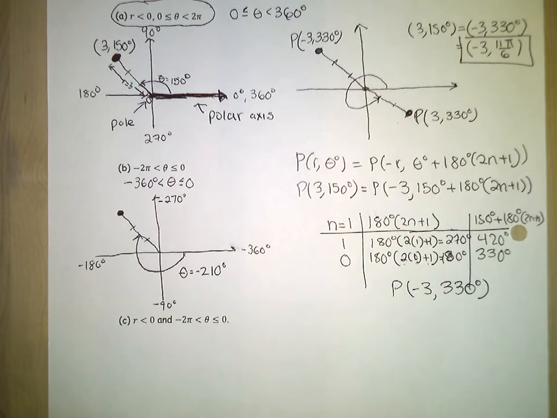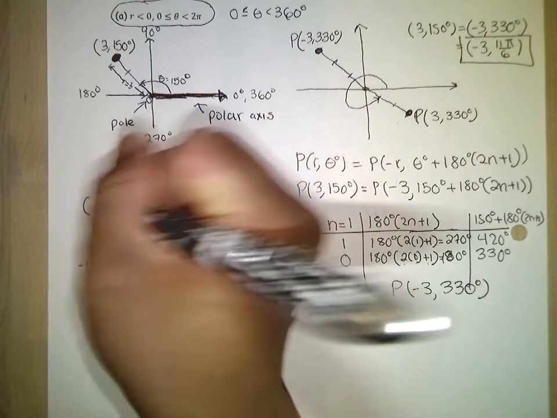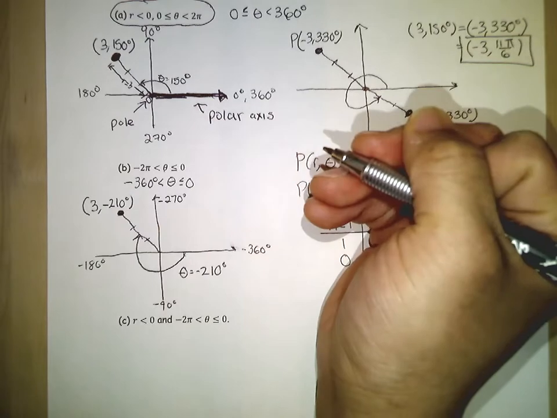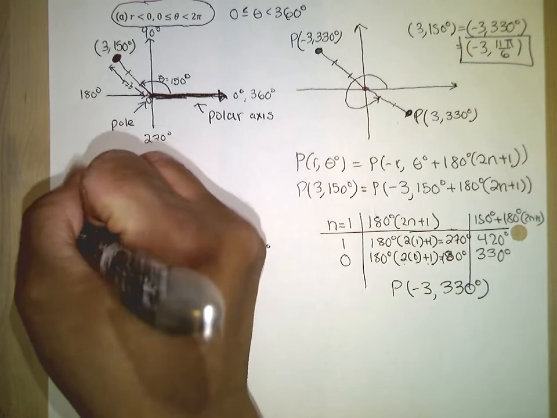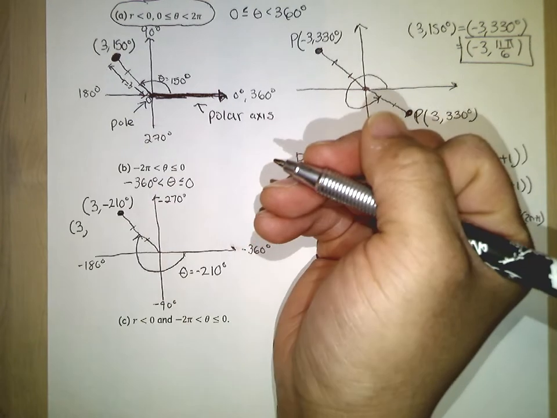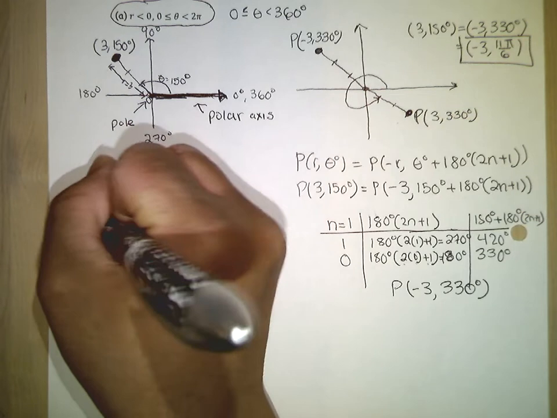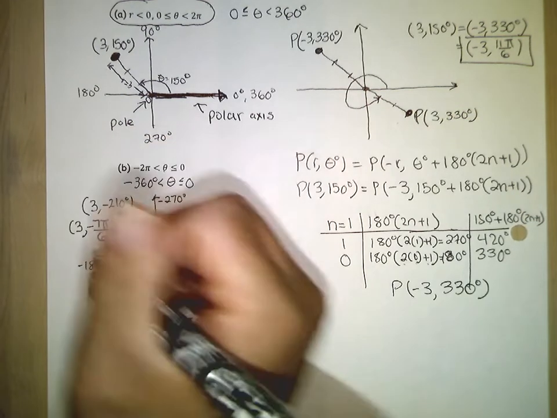So this is also 3, -210 degrees. Or another way to write this would be 3, and in radians, it would be -7 pi over 6.